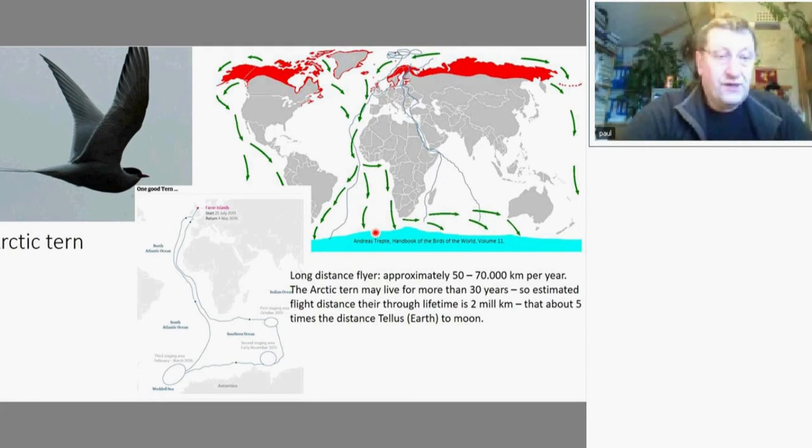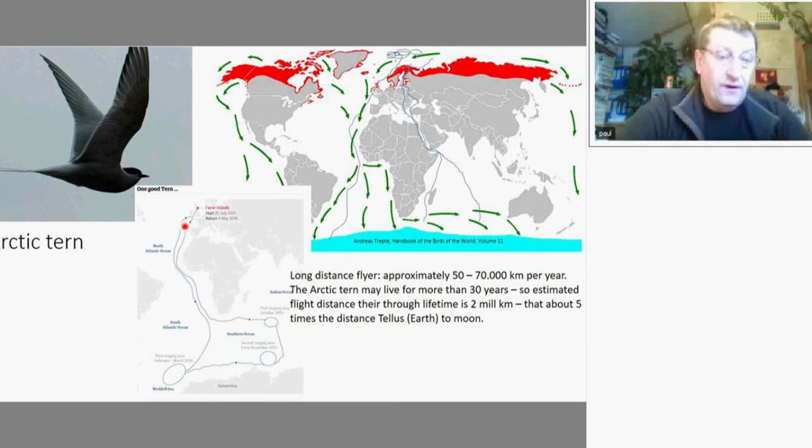The Arctic tern can live for more than 30 years, so it becomes quite old. And through its lifetime, it can fly 5 times forth and back, or 5 times to the moon.